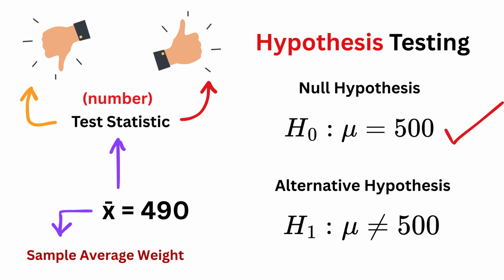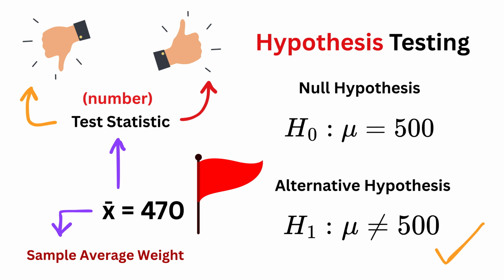But if it's far away, say your sample average is 470 grams, then it's like a red flag. The further away your sample result is from what was expected, the more suspicious the claim becomes. And if it's far enough, we say the result is statistically significant. That's a fancy way of saying we're going to doubt the original claim.